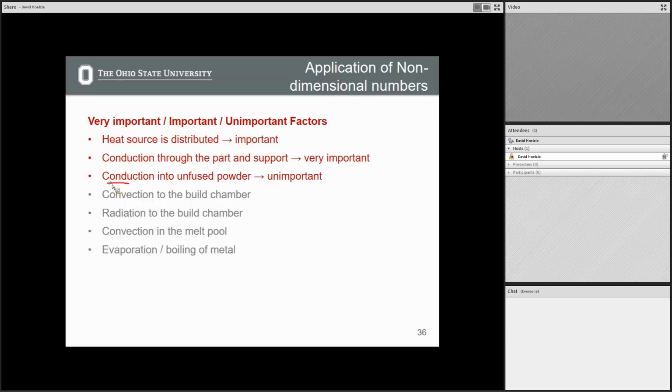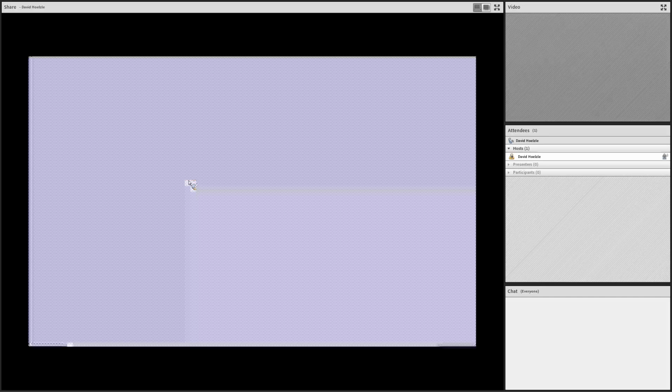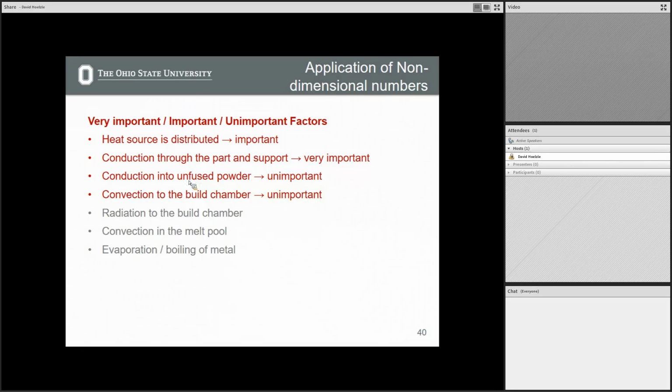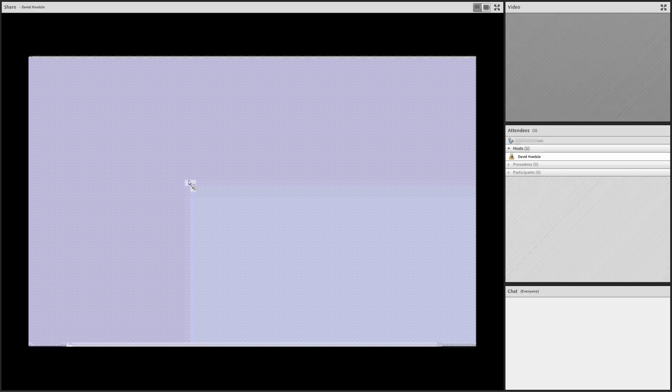And we said this is unimportant, and we'll continue to build upon this to say what's very important, what's important, and what is unimportant. We said that conduction to the unfused powder is unimportant. Going on to the Biot number, we said convection into the build chamber is largely considered unimportant when we model these physics. The next question is, what about radiation?